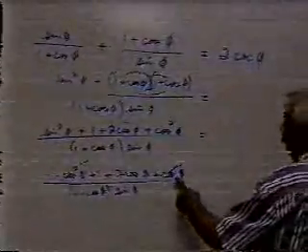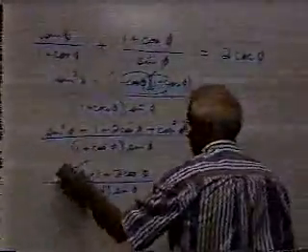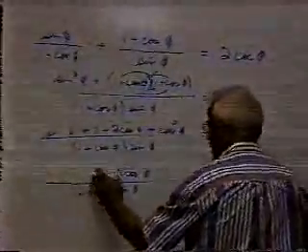Minus cosine squared plus cosine squared drops out. So here on the board I'll just do it this way. That drops out, and that drops out. And here I have 1 plus 1, which is 2.